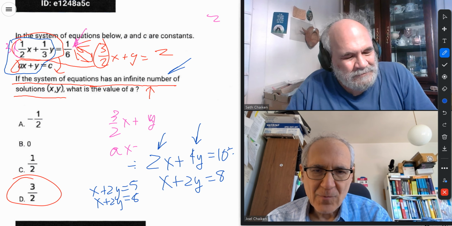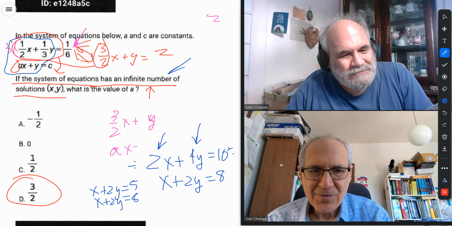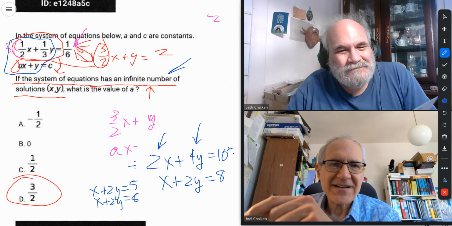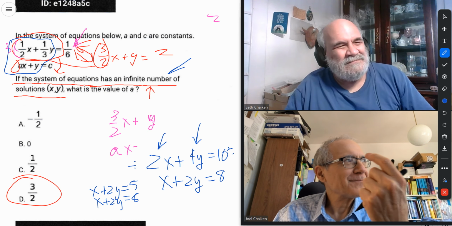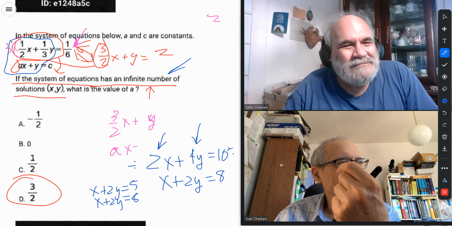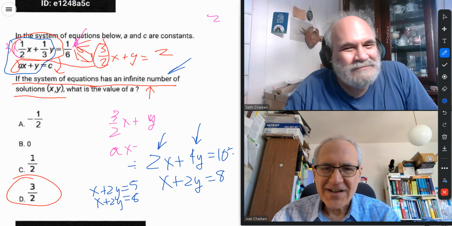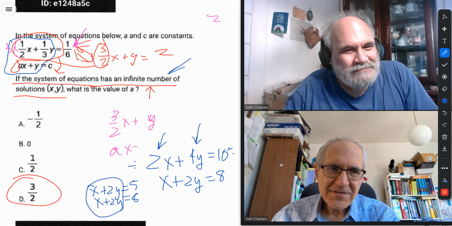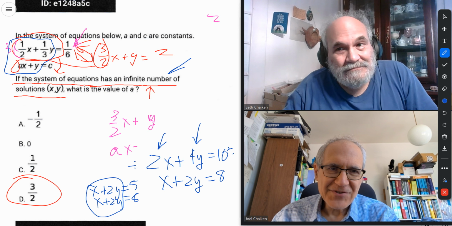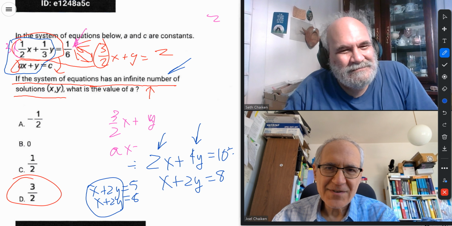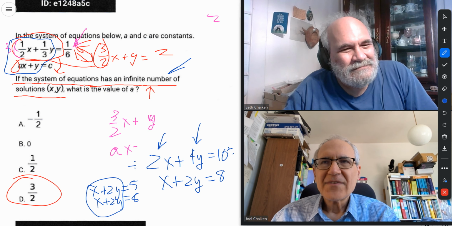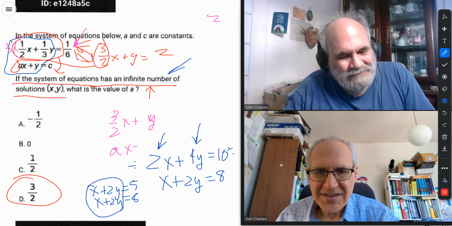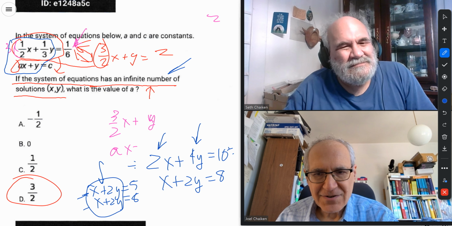So when you simplify one equation, you could divide each equation by a different constant, and eventually you could simplify them and show that the coefficients must be equal. Right, Seth? So there are some algebraic manipulations. If you have a system of equations with infinite or no solutions, you should be able to do algebraic manipulations on those equations to eventually show that they have identical coefficients.